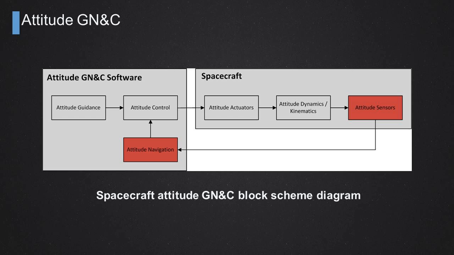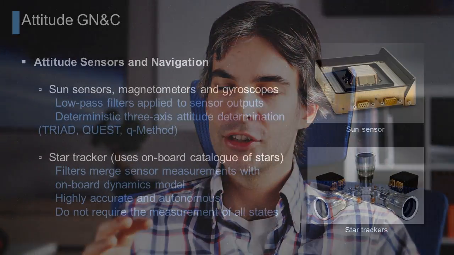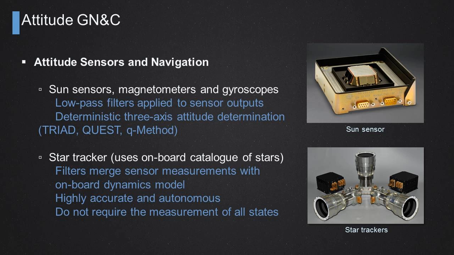So let's first look at the attitude sensors and the attitude navigation filtering techniques, because these two are closely related. Depending on which sensors you have on board, you'll have to use different navigation techniques. For small satellites, or back in the day, what people were mostly using are sun sensors that measure the orientation of the spacecraft with respect to the sun, magnetometers that measure the orientation of the Earth's magnetic field, and gyroscopes that measure the actual angular velocity of the satellite.